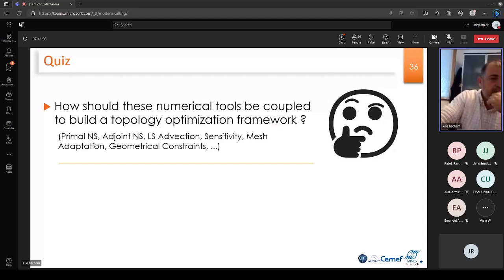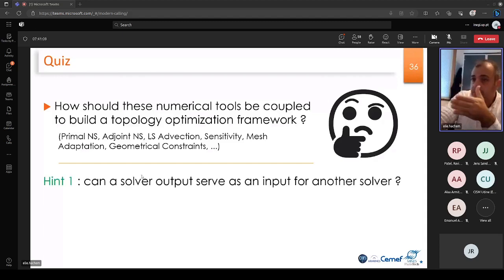So the idea is, can we have a solver that outputs and serves as an input for another solver? I mean, you compute the velocity and the pressure, and you are going to need this information in the adjoint equation. And when you finish the adjoint equation, you are going to construct your velocity at the interface.